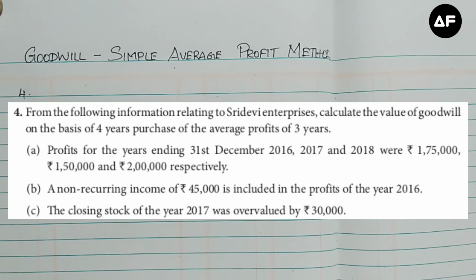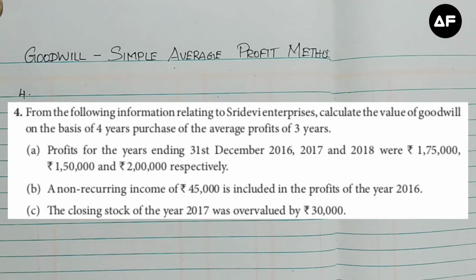So overvaluation of closing stock must be subtracted for 2017, whereas it must be added for the next year, that is 2018. Since in this problem we have certain specific items which are subtracted and added over to specific years, we are going to do the calculation of total profit in a slightly different way.